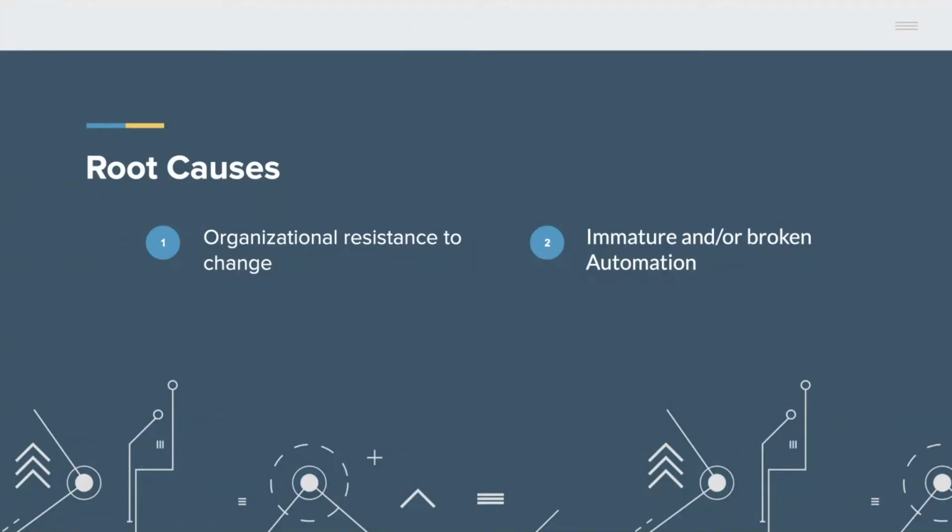It's something that can be worked on and overcome if you treat your automation like a piece of software. Where there are bugs, the bugs need to be fixed. It can be immature when it's in beta, when you first roll it out to your organization. And this applies regardless of the type of tooling that you're using. So that's something to keep in mind that we'll cover in a few minutes here.